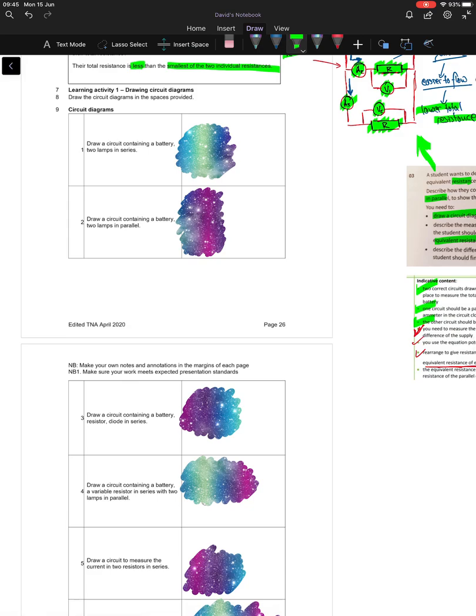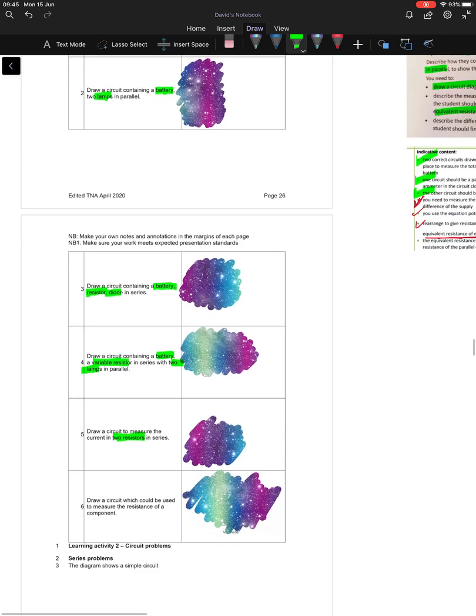Right, we had a go at that. Hopefully you've made quite a few notes. So what I'd like to have going now is I'd like to have a go at some series and parallel circuit diagrams using some of the different components that we've spoken about in previous lessons. So you're going to need to draw some circuit diagrams involving some different components: lamps, batteries, resistors, diodes, variable resistors, and in parallel or in series.